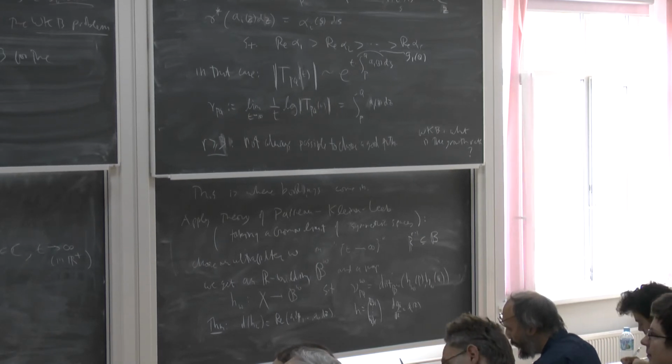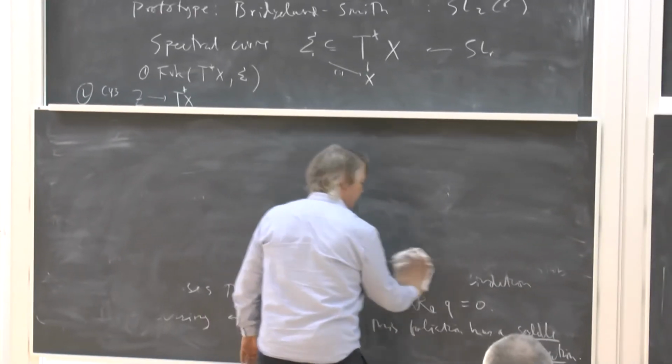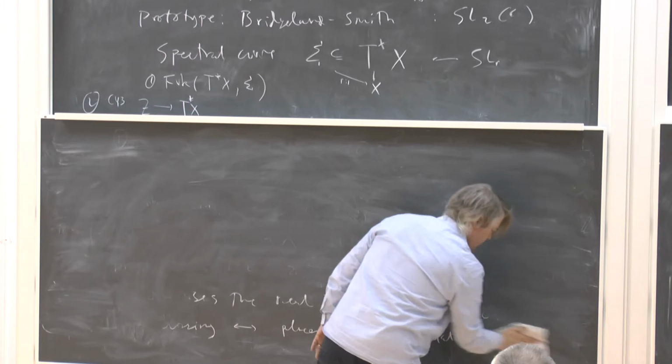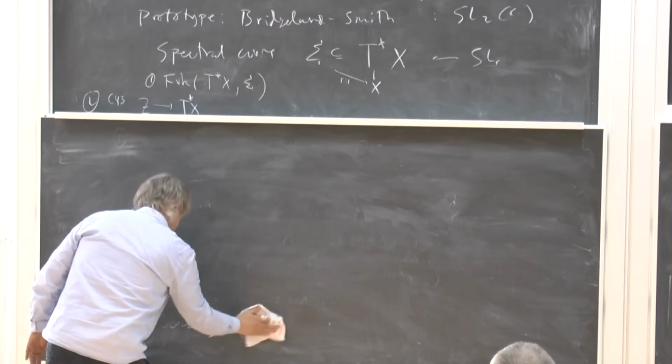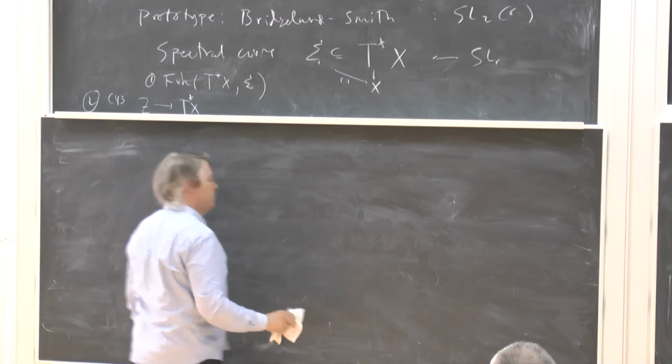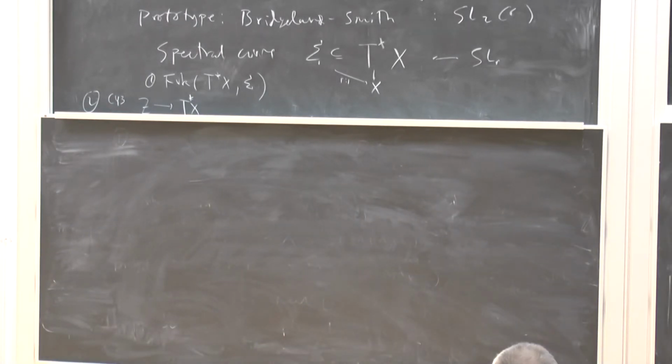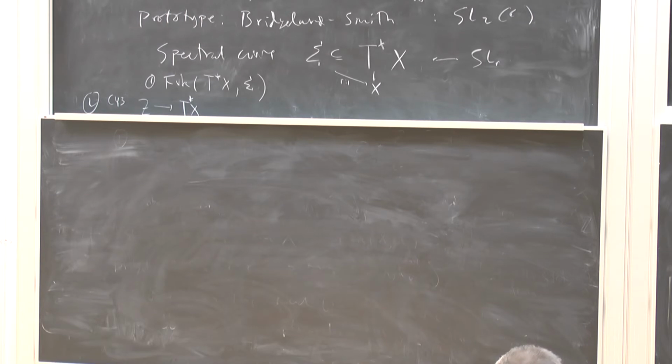Okay, so the question that we were looking at is how can we do the same thing in the higher rank case? Let me just finish with what we have. This is a project for which we have the strategy pretty much written up. This is in our paper. We don't really have the full proof of this.